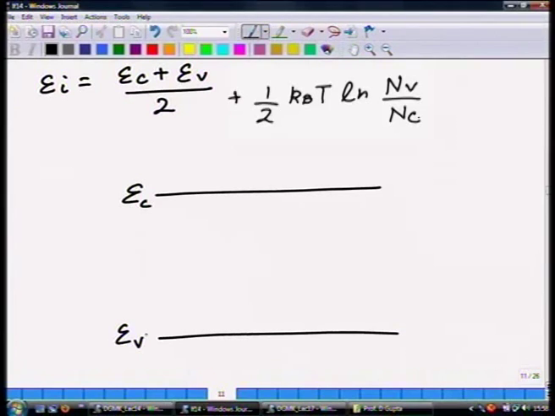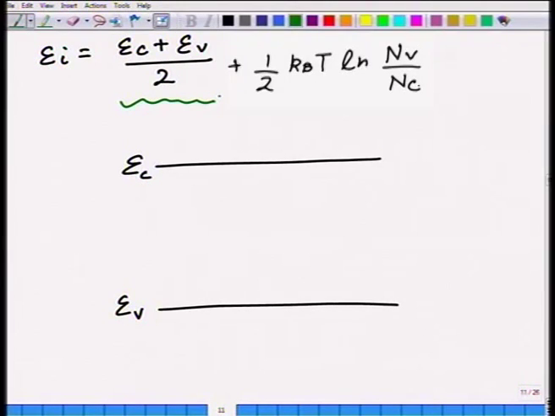If this is EV, where does the Fermi energy lie for an intrinsic semiconductor, that chemically pure semiconductor, where n is equal to p? In that case, we find that the Fermi energy is right in the middle. Exactly in the middle is (EC plus EV) divided by 2.